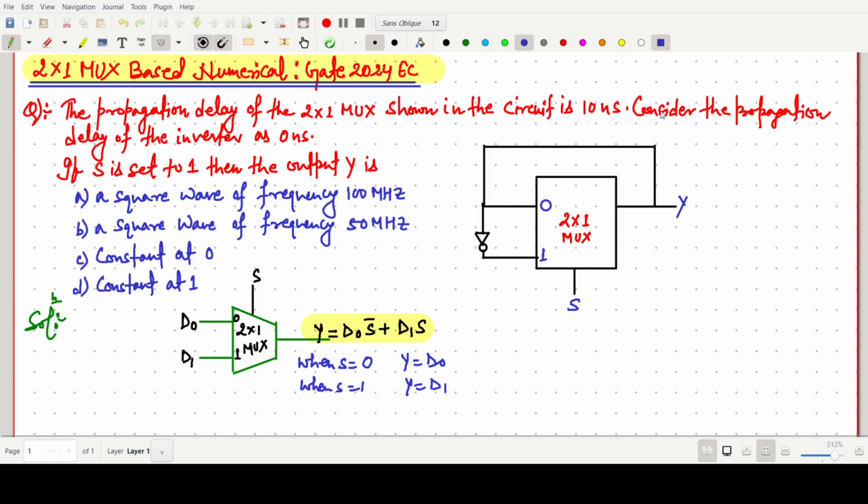Now from this figure we can see that we are getting Y at one point and Y bar at the other, at inputs 0 and 1.